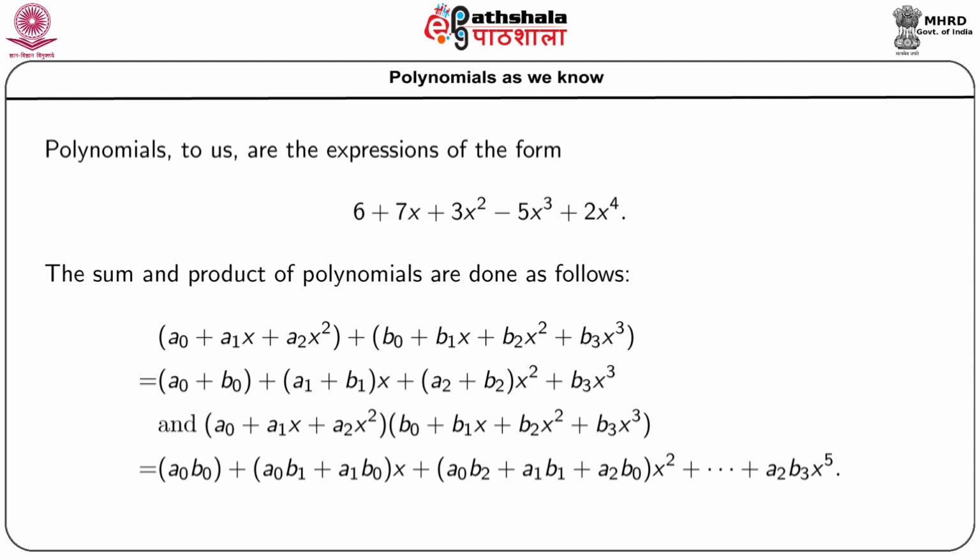Say for example, we have 2 polynomials a0 plus a1x plus a2x square and b0 plus b1x plus b2x square plus b3x cube.